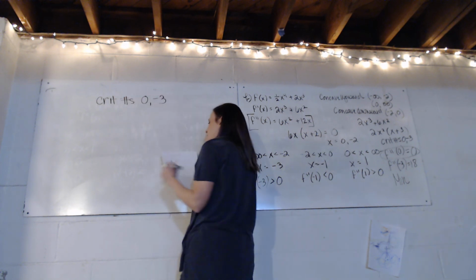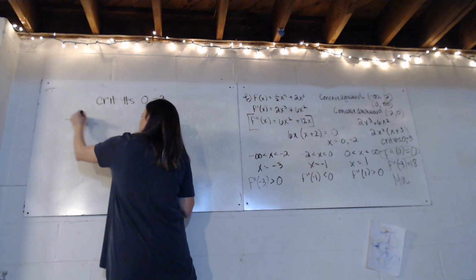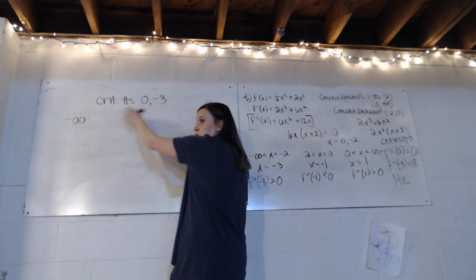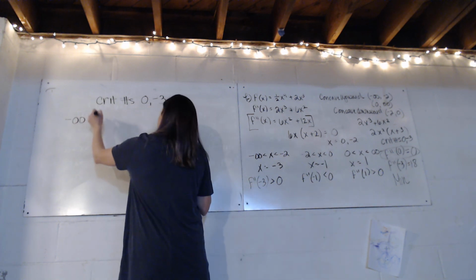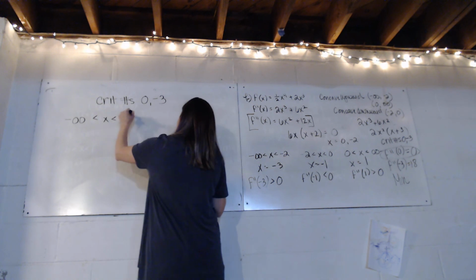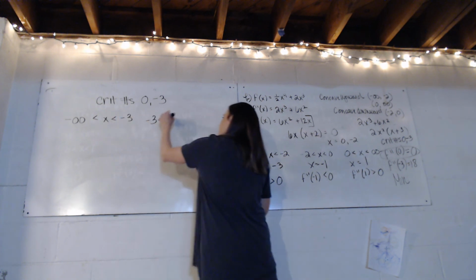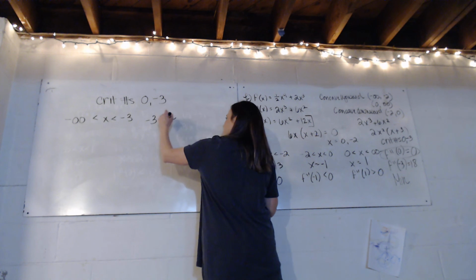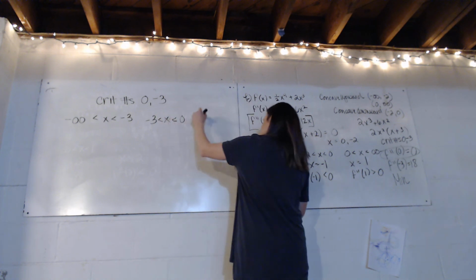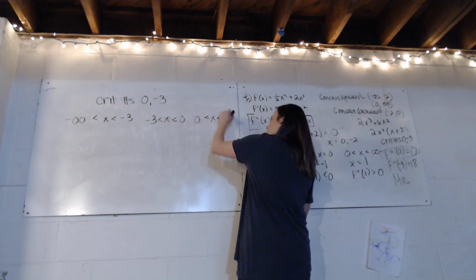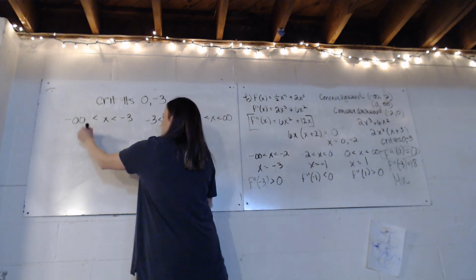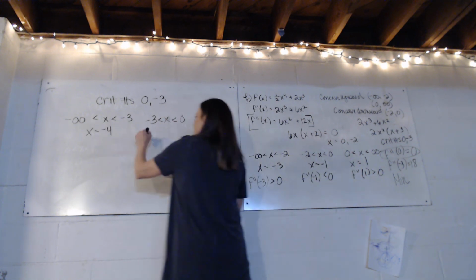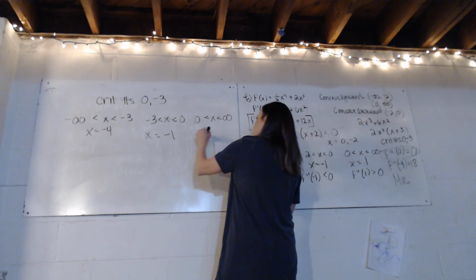I can use that to build intervals. So this is intervals for the first derivative: negative infinity up to negative 3, then negative 3 up to 0, and then 0 up to infinity. If I choose a test value in each of those intervals, here I'm going to choose negative 4, here negative 1, here 1.